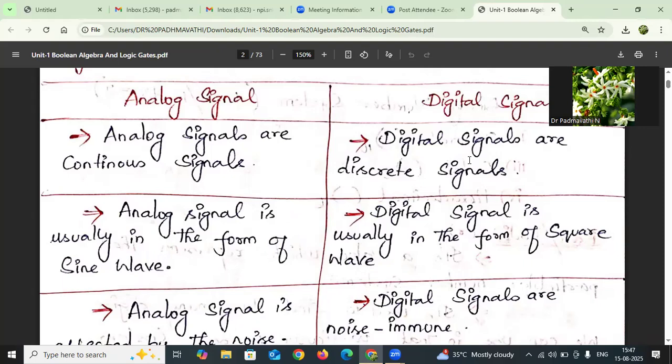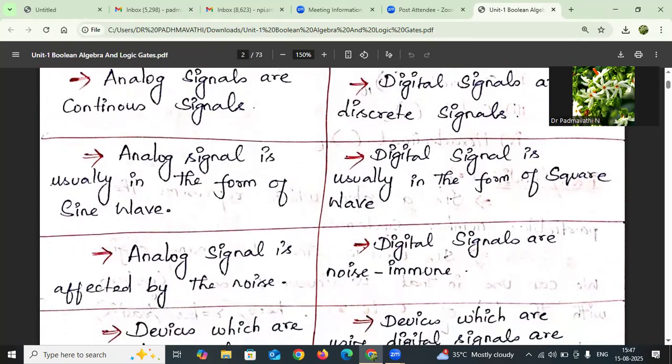In terms of noise immunity, analog signals are affected by noise, whereas digital signals cannot be affected by noise. Noise is any unwanted signal that is superimposed on the original information when signals are transmitted from one place to another through the air.